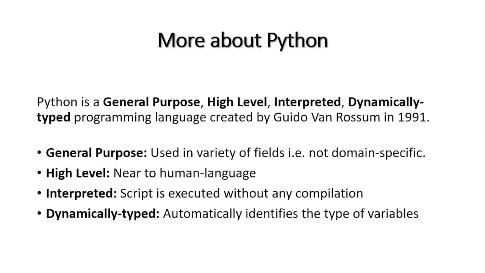But in Python, we do not explicitly define what kind of variables we are using. By the value of the variables, it would automatically identify what kind of variable it is. We'll understand everything. And it was created by Guido van Rossum in 1991. That's a brief about Python.